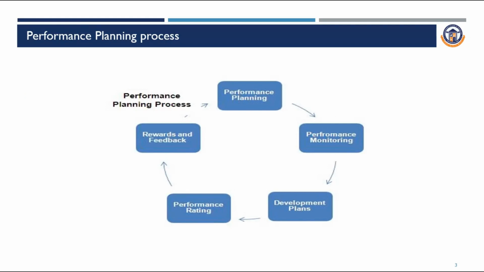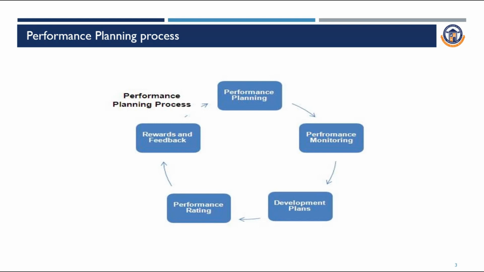The performance planning process consists of five things. The first step is performance planning, second is performance monitoring, then developing plans, then performance rating, and then rewards and feedback. In the performance planning process, the employee formulates his job objectives, keeping in view the organizational unit objectives.